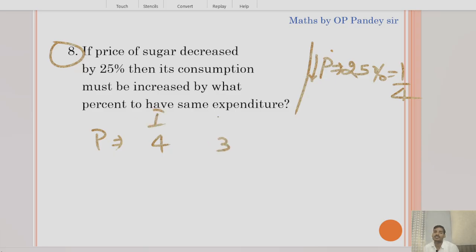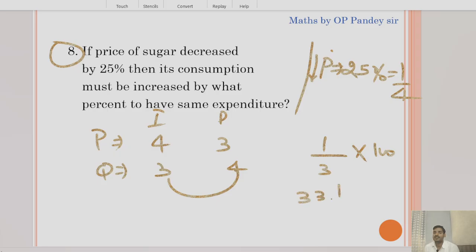This is the initial price and this is the present price. Then quantity becomes 3 to 4. Quantity increased by how much? 1, at 3, into 100. After solving we get 33 1 divided by 3%. Is it clear? That is the correct answer of this question.